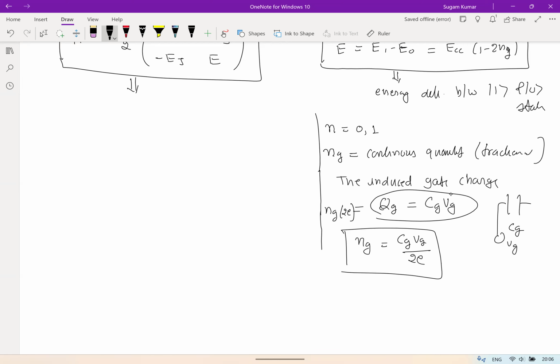It can take any values. If I say Ng is like 0.3, 0.5, 0.75, or anything else, keep in mind that this is not a count of Cooper pairs. It is a way of expressing, okay? This Ng is simply a way of expressing the induced gate charge in units of Cooper pair.